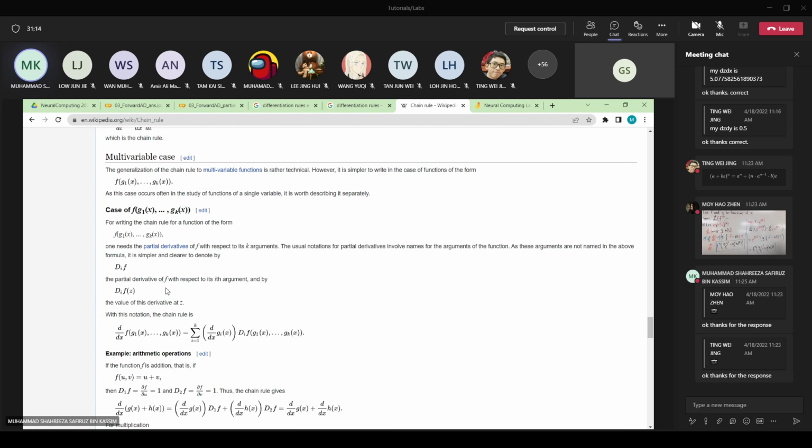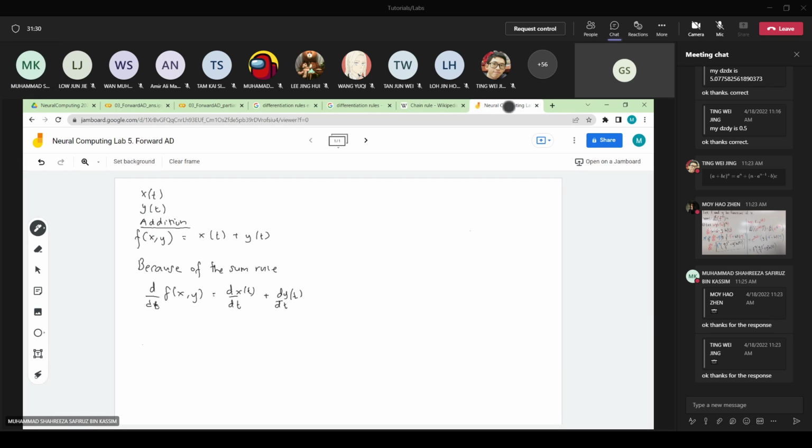For example, as you can see, this chain rule here, if function f is addition, then you can derive a chain rule from here. So if we were to write it in this way, before we come to this conclusion, we'll take this again to the chain rule.